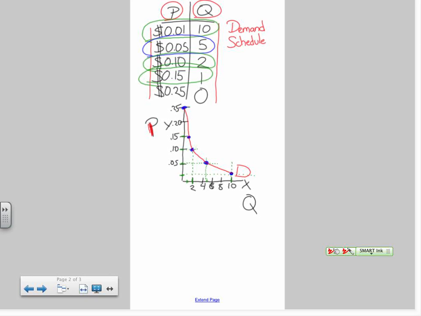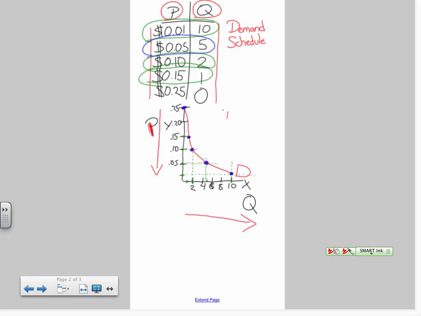Now notice this demand curve shows the law of demand. It shows that as the price decreased, the quantity demanded increased. If you don't see it, you need to stare at it for a while and think about it. As the price decreases, the quantity demanded increases, which is true for almost all goods and services.